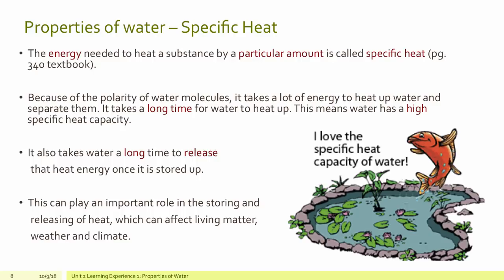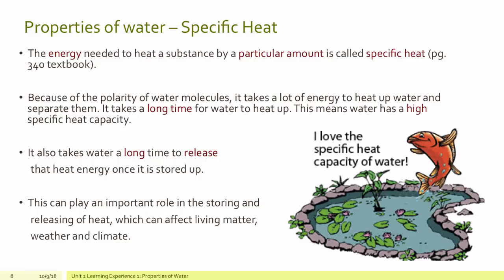This can play a really important role in storing and releasing heat, which affects living matter and animals and people and the weather and the climate. For example, we have this cute little goldfish and it says I love specific heat capacity of water, and that could be because the water takes a long time to heat up, so it's not going to get too hot, while the land might be really hot, like the sand gets really hot, but the ocean itself might not be boiling, even though your feet are burning on the land.